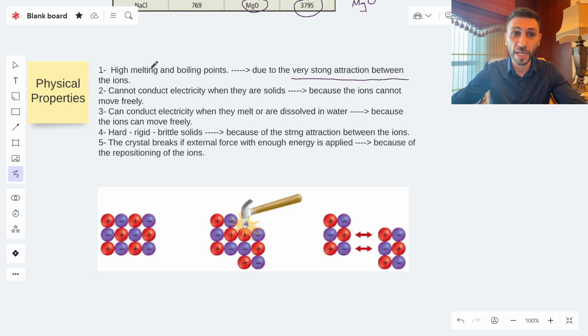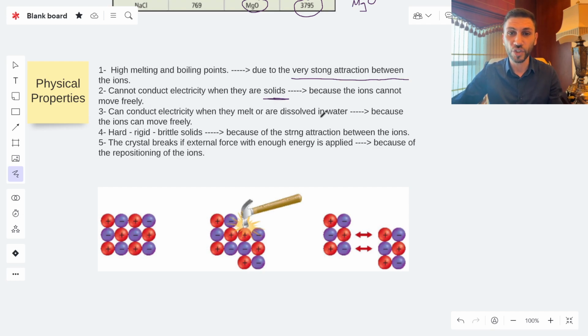So they have high melting and boiling points because the strength between the ions is so big. Number two, they cannot conduct electricity when they are solids. Like table salt, for example, if you try to connect it with electricity, it will never conduct electricity when it's solid because the negative and positive ions cannot move freely.